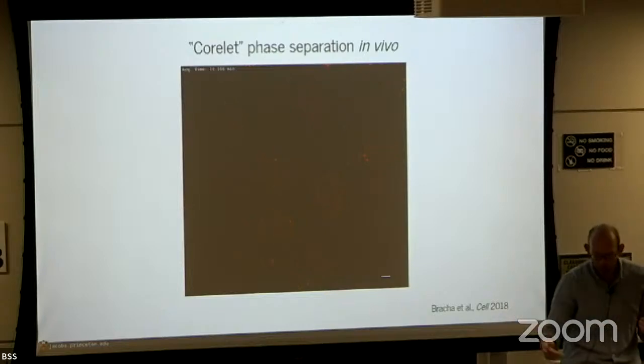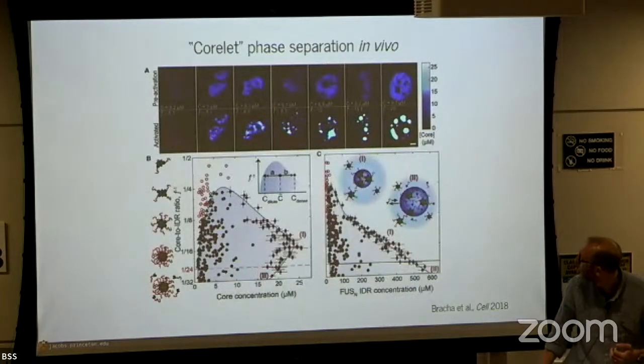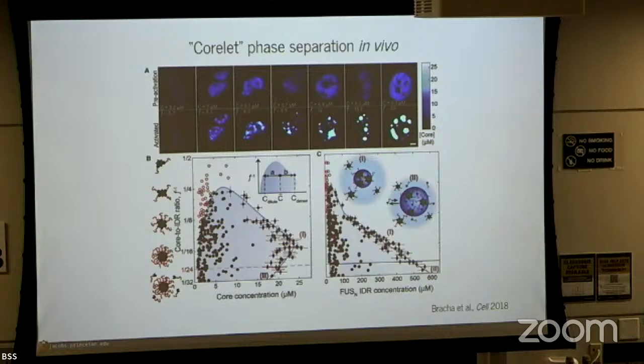So the reason this was initially introduced about 7 years ago was to map out phase diagrams inside of cells. And so we can see a lot of the same features that we've been discussing. On this axis here, we have this core to IDR ratio.